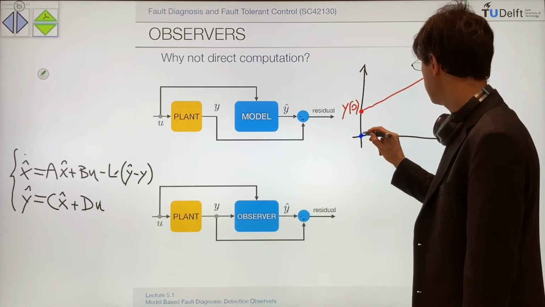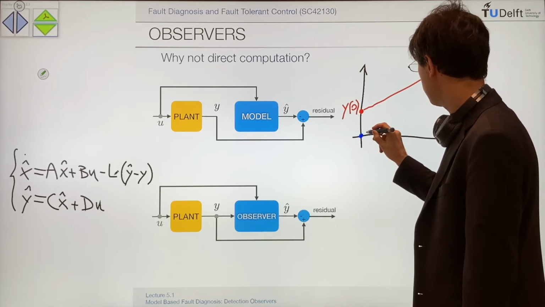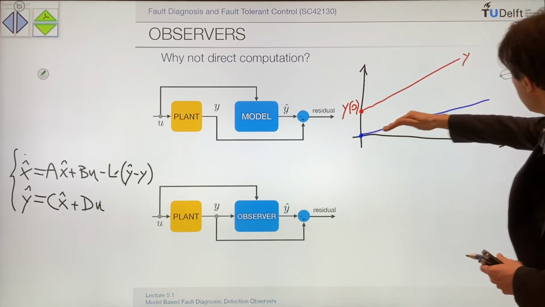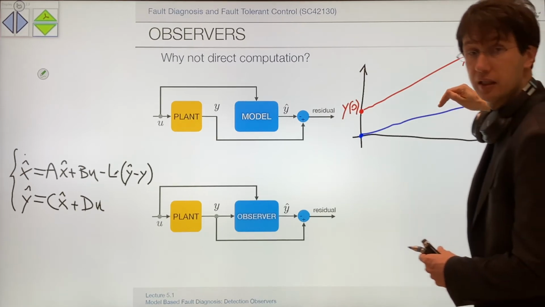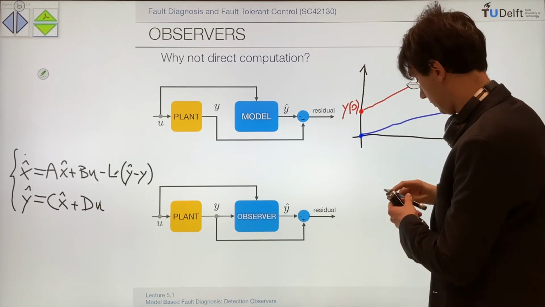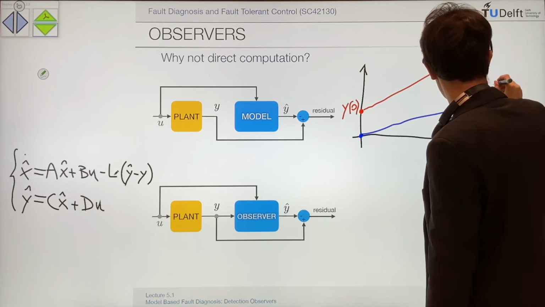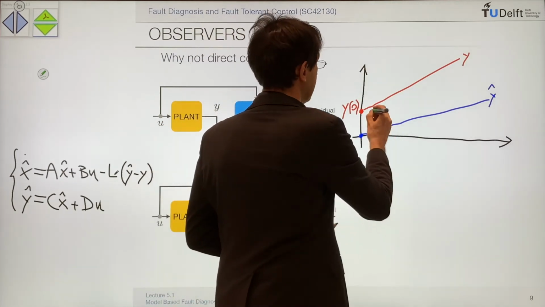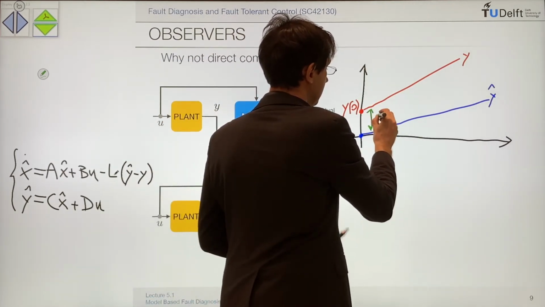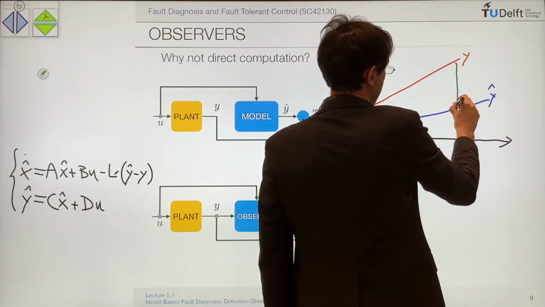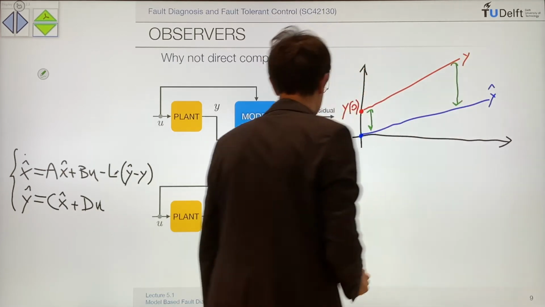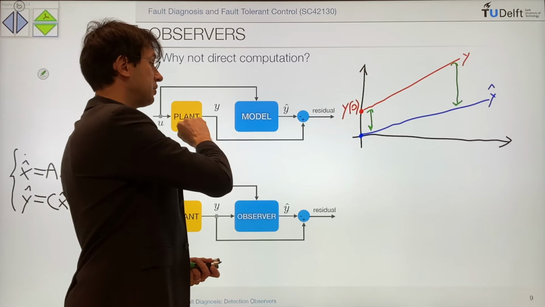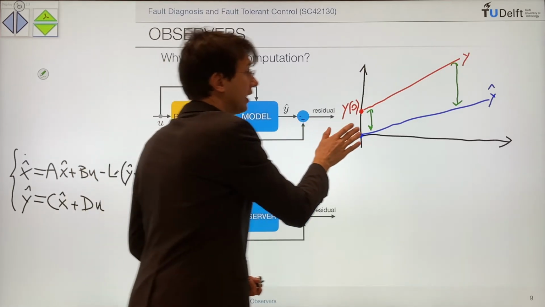But then the problem is that your dynamic model is not perfect. So in this simple example, the rate at which this is increasing is different from the rate at which the real system is increasing. And so you have an error between reality and model that will increase over time. So you have uncertainty, your model is not perfect. If you do a free run simulation, over time you integrate this error and you are drifting away.